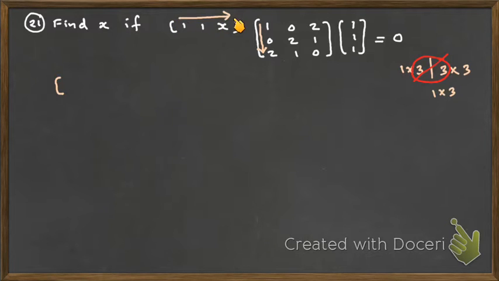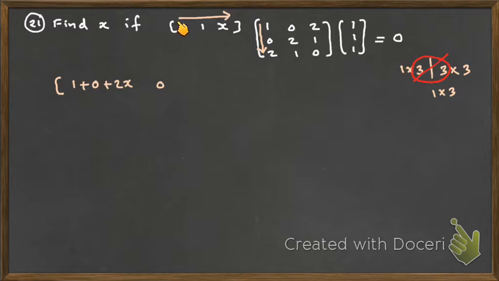So I take my first row and multiply along the first column. So 1 into 1 plus 1 into 0 plus x into 2. So that's what I'm going to write there. 1 into 1 is 1, plus 1 into 0 is 0, plus x into 2 is 2x. Now again I multiply the first row with the second column.